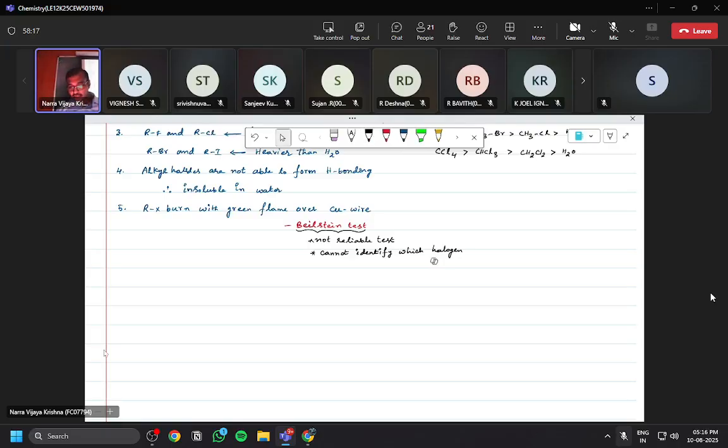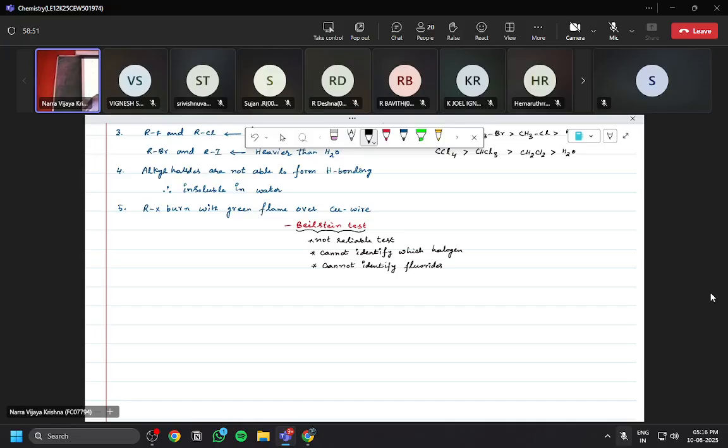Next. By using this test, we cannot identify fluorides. To identify fluorides, in Lassaigne's test you will get sodium fluoride as a solution. In all Lassaigne's tests, the final Lassaigne's extract is nothing but sodium salts. If fluorine is present, sodium fluoride is present. Then if you add sulfuric acid or HNO3, you will get HF.